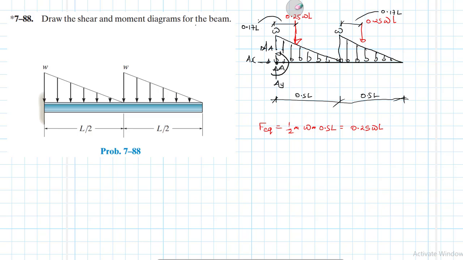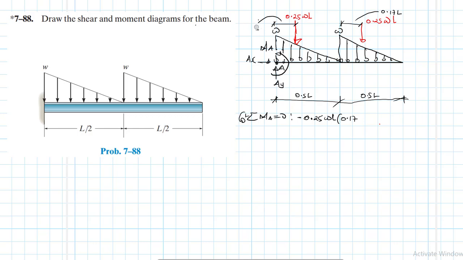So let's go ahead and now find out the supports. Summation of moments about point A equal to 0, with clockwise being our reference. What do we have? We have 0.25WL times, and this is a negative moment, times 0.17L.